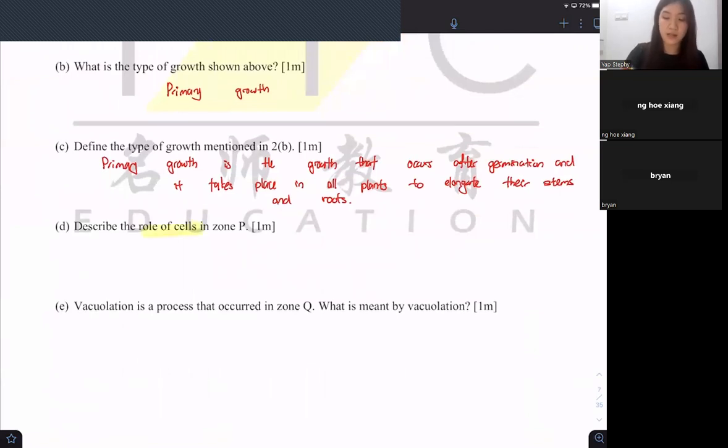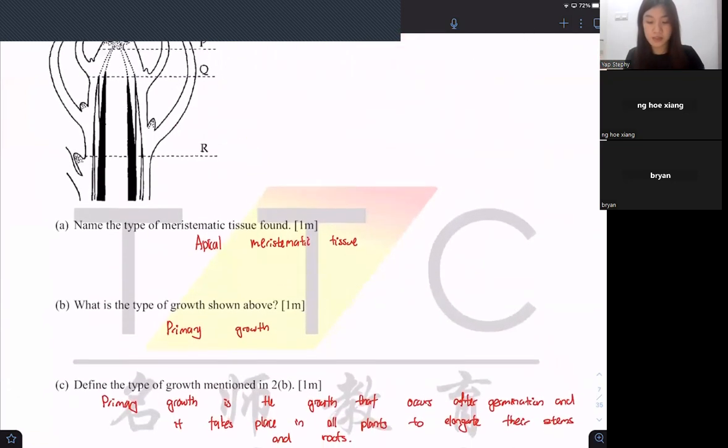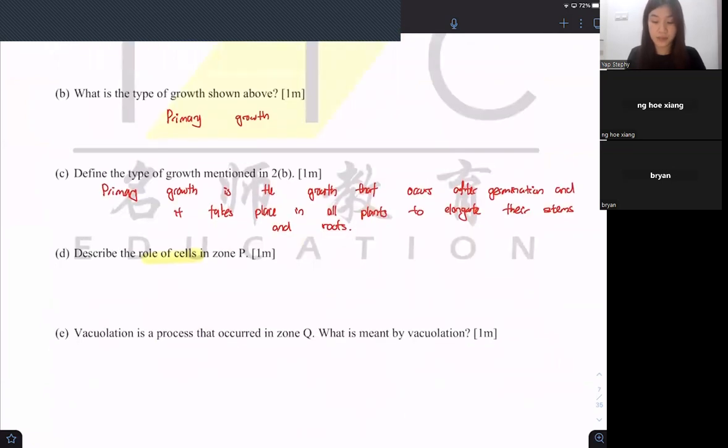Describe the role of cells in zone P. Yeah, so the role of cells means the function. So what is the function of zone P? Zone P means cell division. So this one is the apical meristematic tissue, the apical meristematic cells.